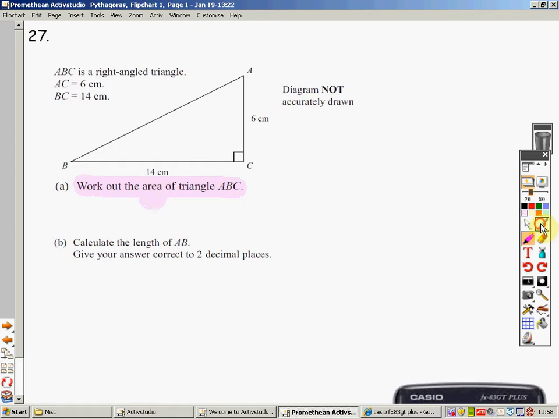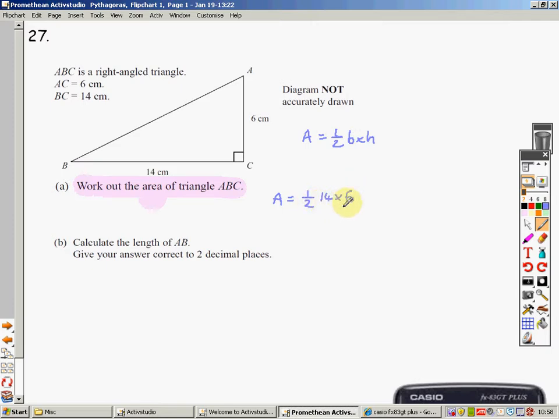Area of a triangle, we should all know that the area equals a half base times the height. So in this case, A equals a half of the base 14 times 6.